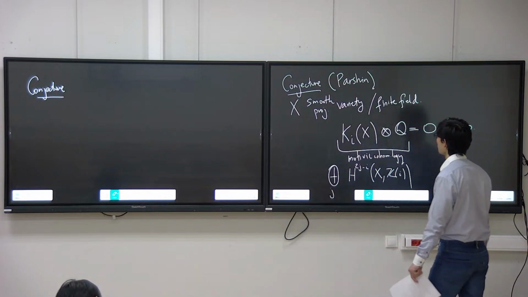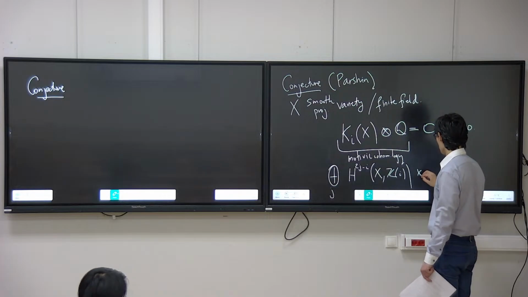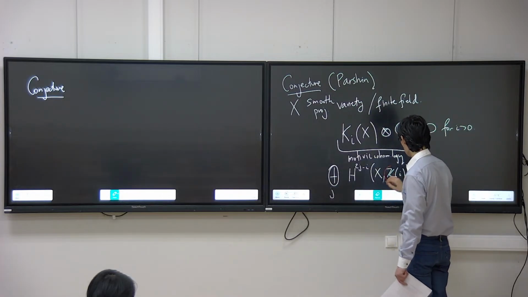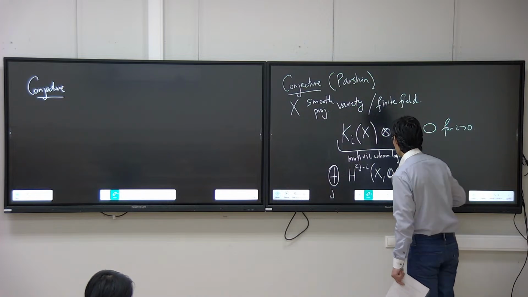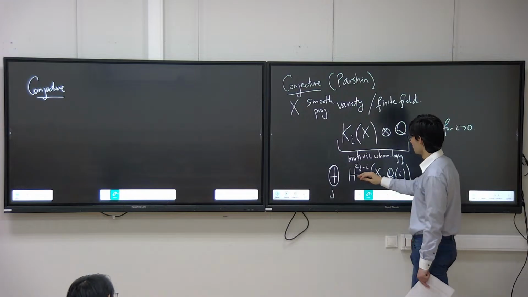And basically what Parshin is saying is that he wants all these cohomology groups to vanish. Should be replaced with rationals here.